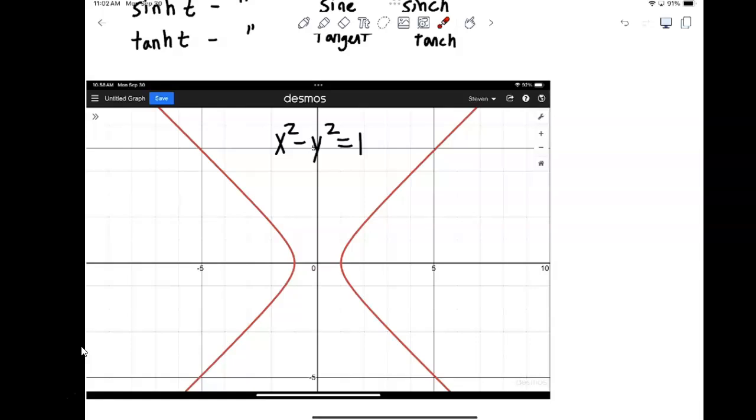Very much like your trig functions get their definition from the unit circle, the sine and cosine are points on the unit circle. Well, it turns out that the hyperbolic sine and hyperbolic cosine are points on this side of the unit hyperbola.